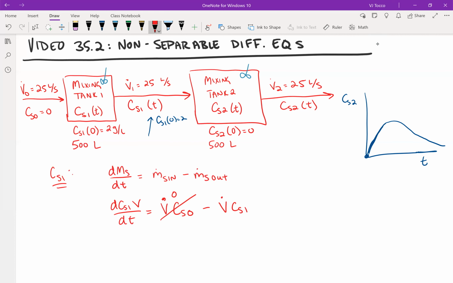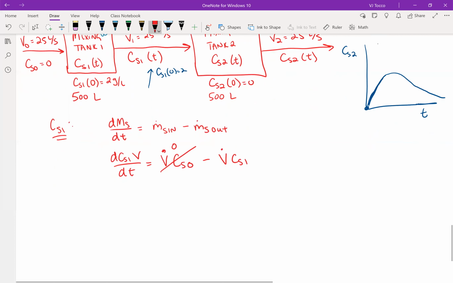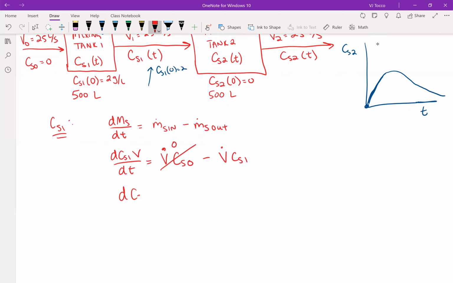V is going to be factored out of the derivative. So dCS1 over CS1 is equal to minus V dot over V dt. Just real quick, because we've seen this exact problem before, ln of CS1 is equal to minus V dot over V times t plus a constant c.